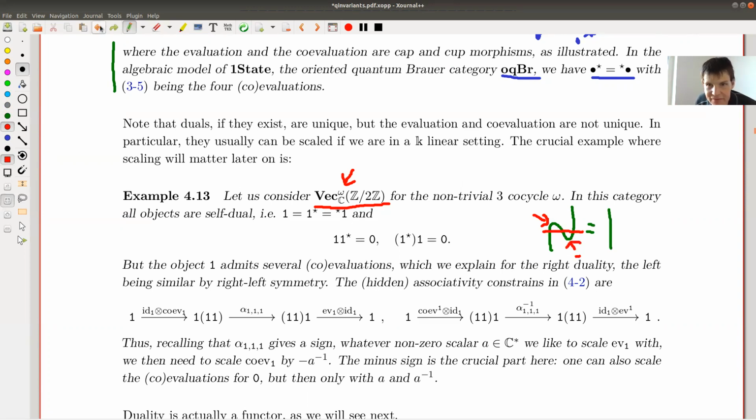You know that it holds, and you scale both with a -1. And it still holds, right? -1 times -1 is constant, so it still holds. So you have a choice of scaling those maps, and sometimes it matters, and different choices give you, strictly speaking, different, what we will call in a second, rigid structures. So let me run through this example.